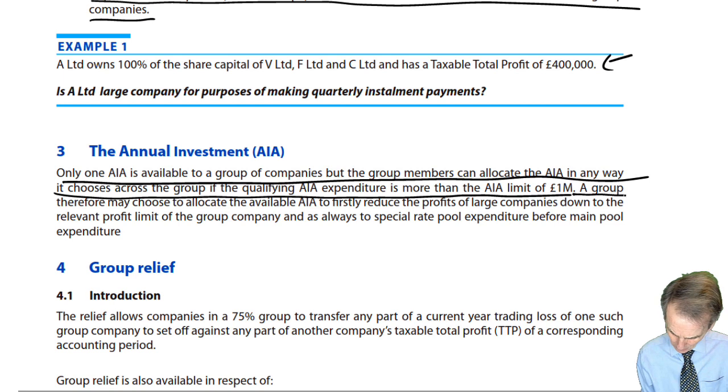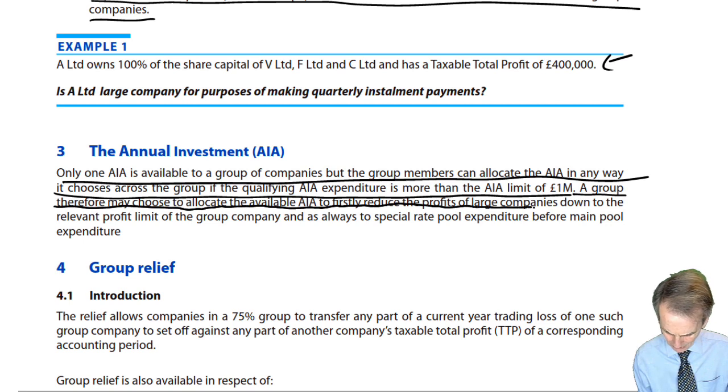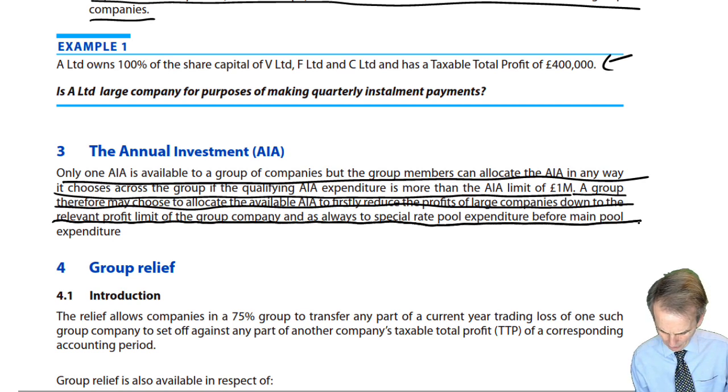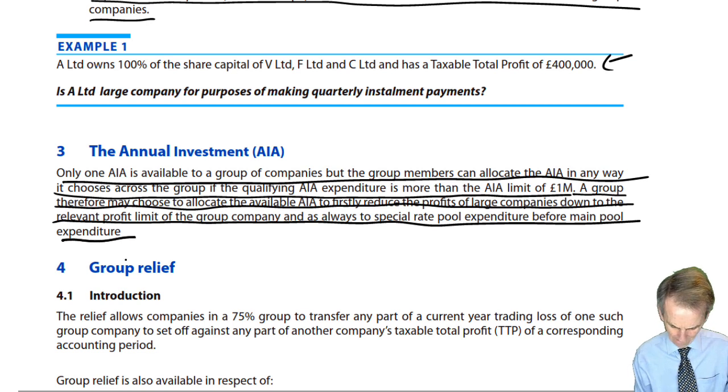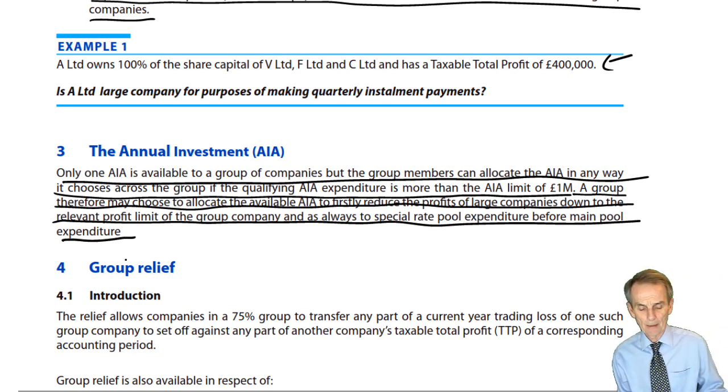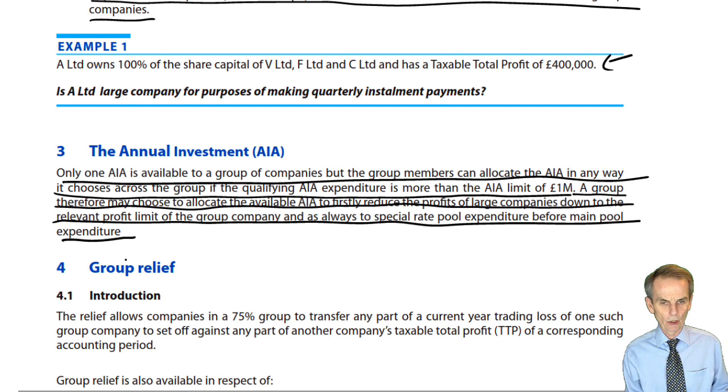So a group, therefore, may choose to allocate the available AIA to firstly reduce the profits of large companies down to the relevant profit limit of the group company, and as always to special rate pool expenditure, I should say, as opposed to main pool expenditure. That issue we dealt with in Chapter 5. That is special rate pool expenditure.